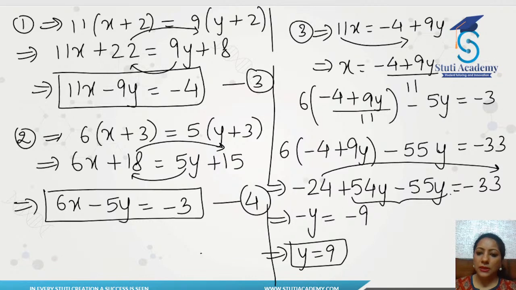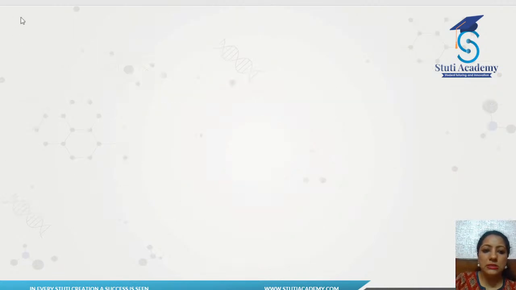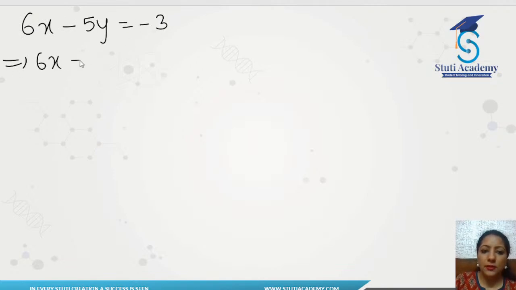Now we've got the denominator as 9. We are going to take this 9 and put it here in the fourth equation. You can put it anywhere. Let's put it in the fourth equation. So we will get 6x minus 5y equal to minus 3. That's the fourth equation. I am putting 9 here. So that's 5 into 9 equal to minus 3.